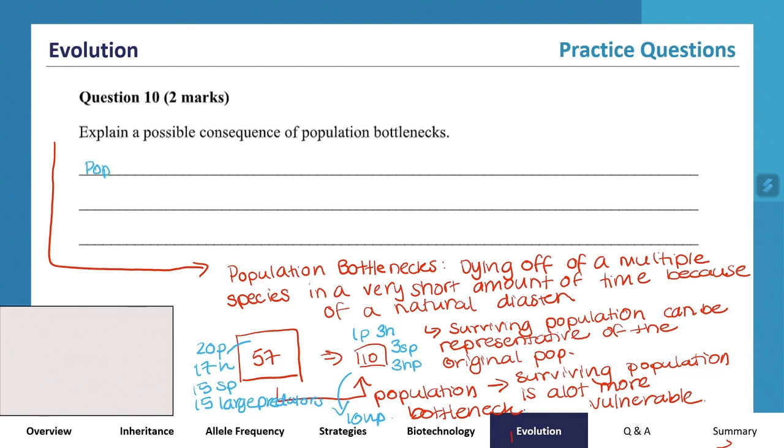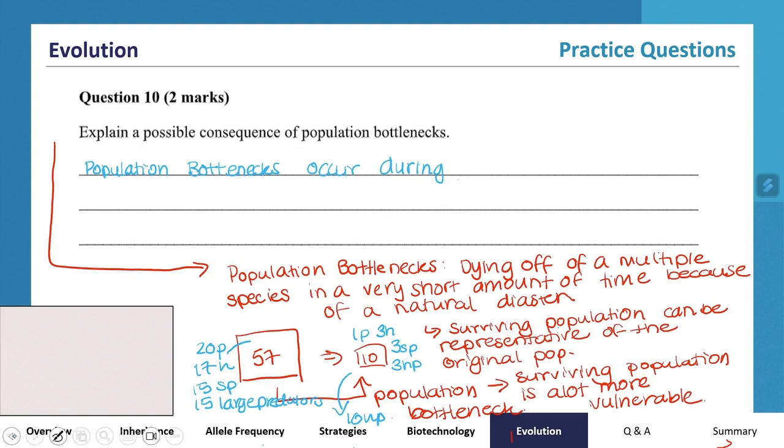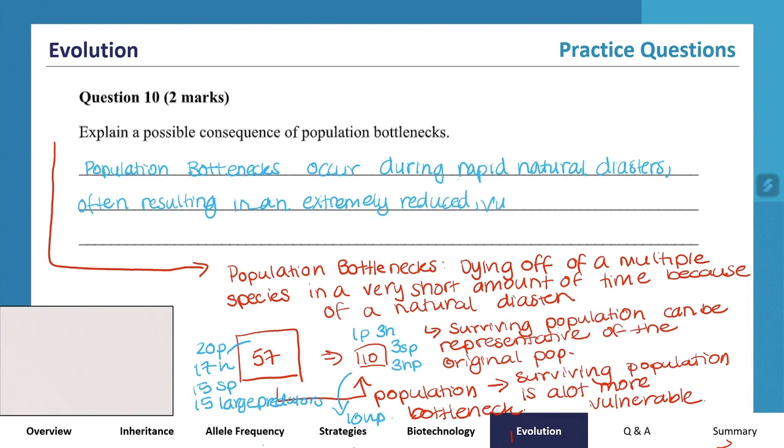So, if I was to answer this question: population bottlenecks occur during rapid natural disasters, often resulting in an extremely reduced, vulnerable surviving population.